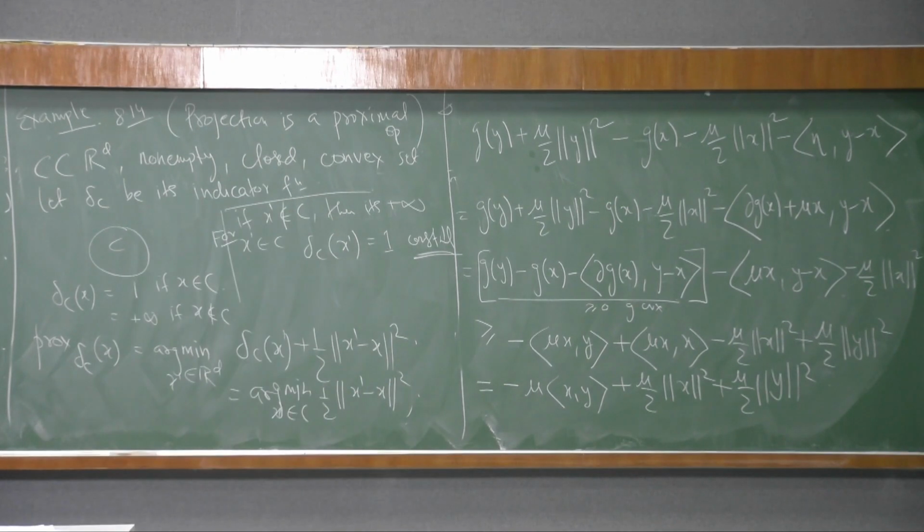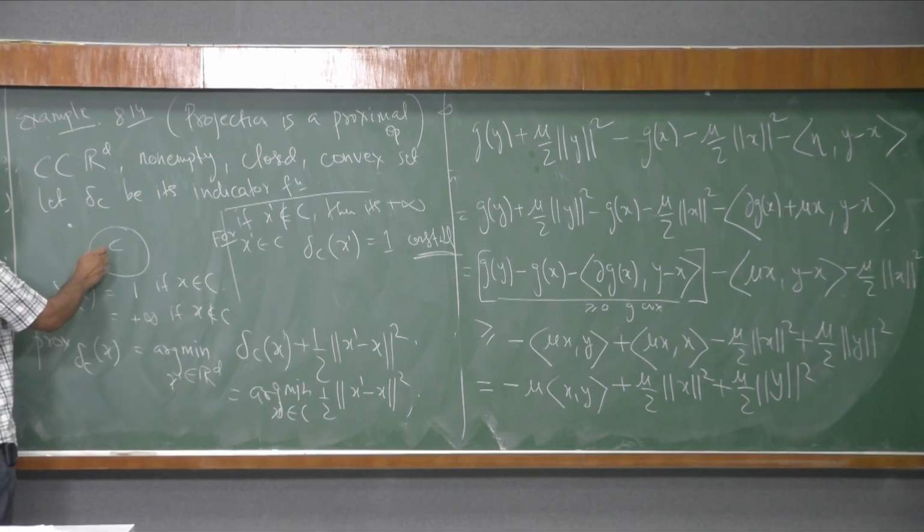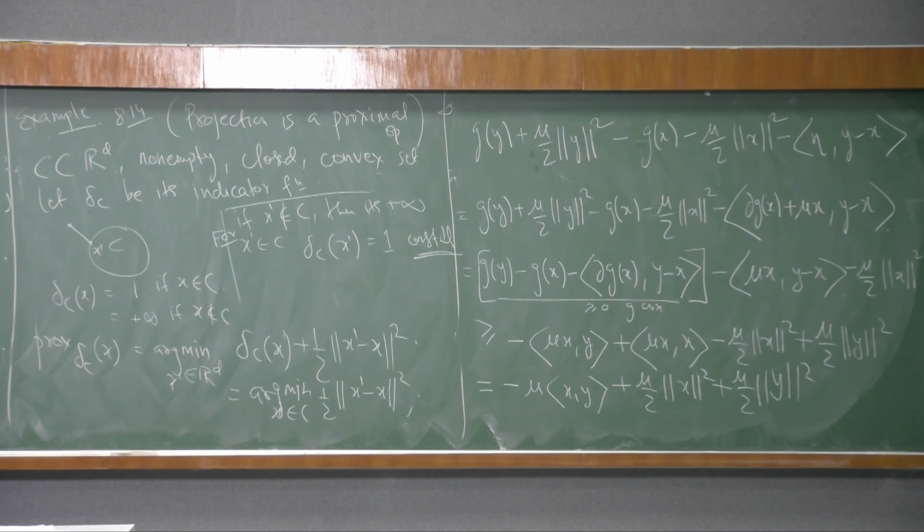What does this mean? This is saying that it's a projection problem. Given a point x, I am asking for the point x' in C which is closest. So this became a projection problem. That's what this example says: the proximal of an indicator function is basically a projection.